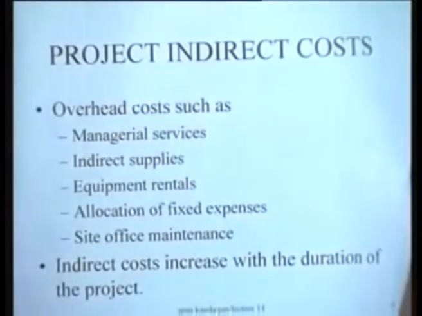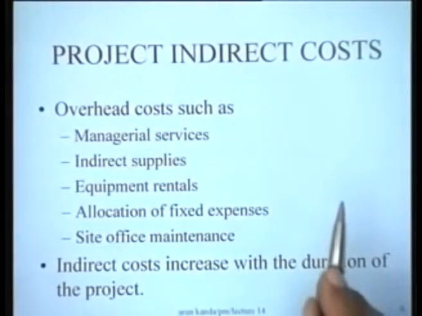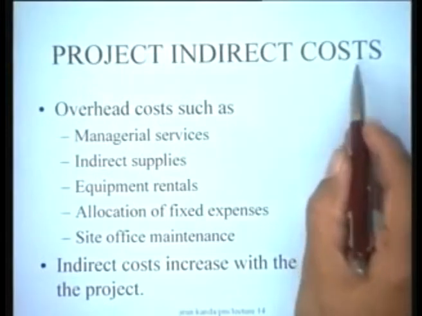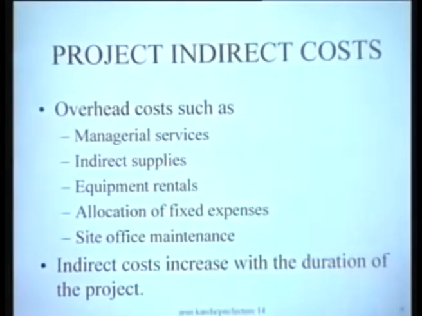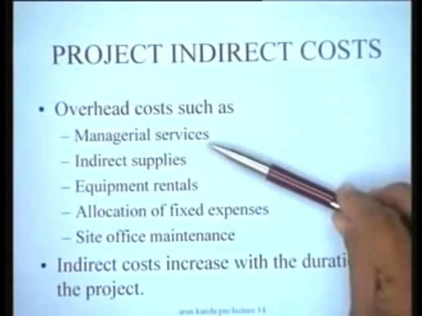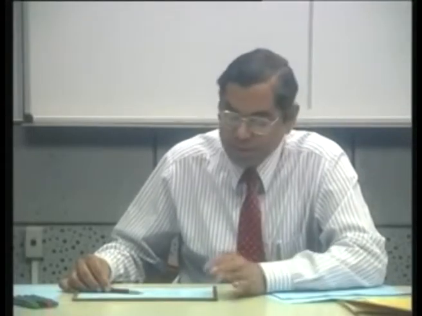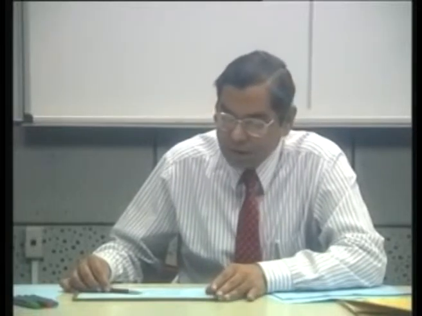Let's look at what we mean by the project indirect costs. The project indirect costs are those costs, typically overhead costs, such as managerial services, which would be common to, for instance, a manager who would be responsible for the coordination of not just one activity but all the activities in the project. So his wages come from this pool of indirect costs.